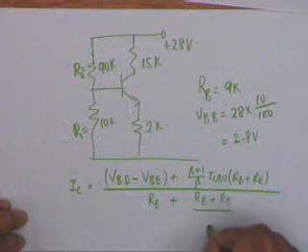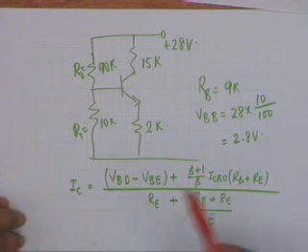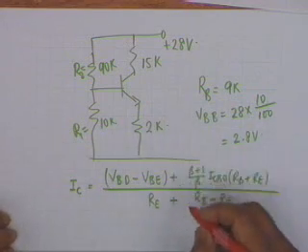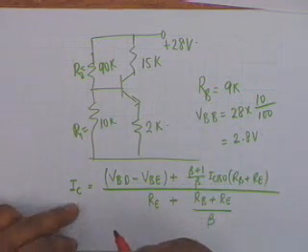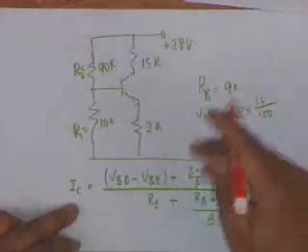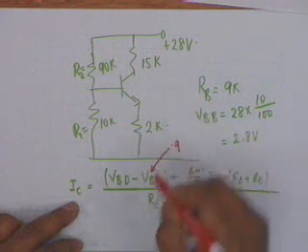The two worst cases are the following. You want the worst cases, the minimum and the maximum. You want the minimum IC. Obviously, minimum shall occur when VBE is 0.9, because it subtracts.